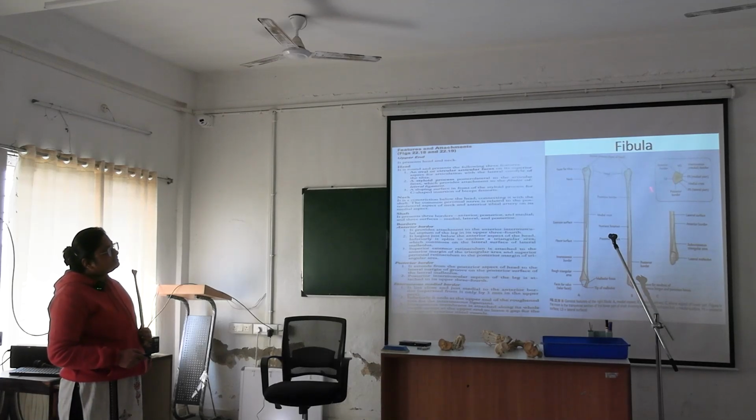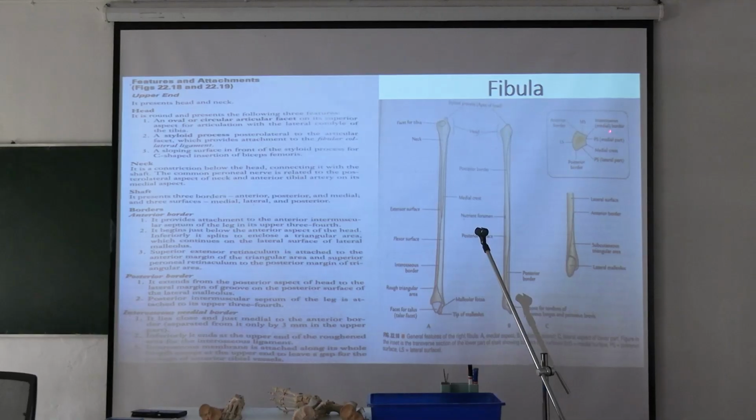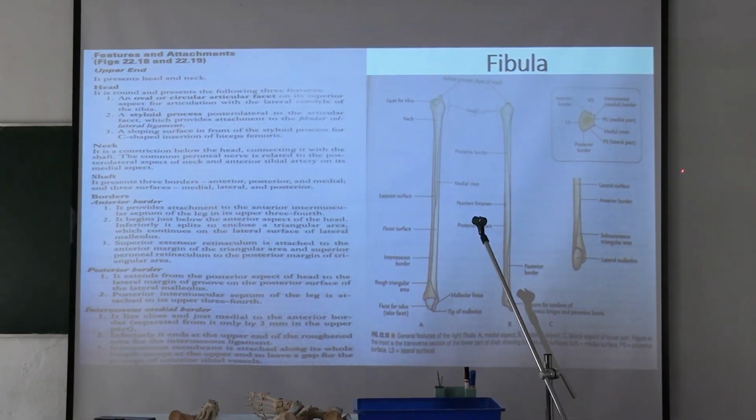And this divides into three surfaces. The medial surface lies between the medial or interosseous border and the anterior border. Between the anterior and posterior border is the lateral surface, and between the medial border and posterior border lies the posterior surface. This posterior surface is divided by a crest, which is very prominent.